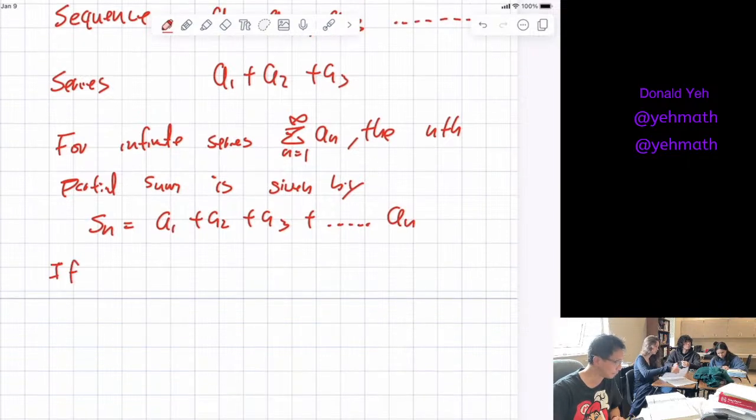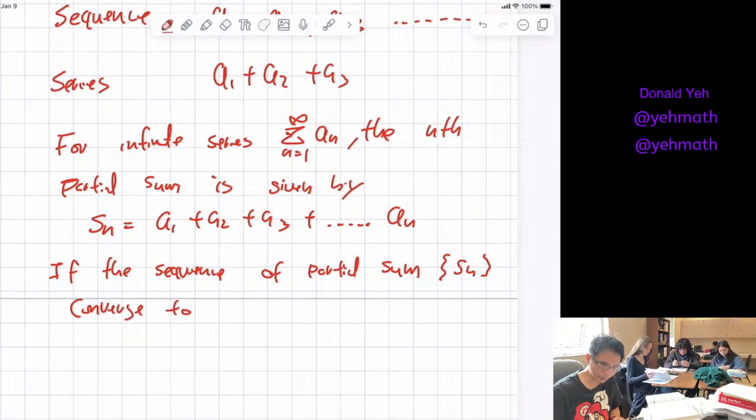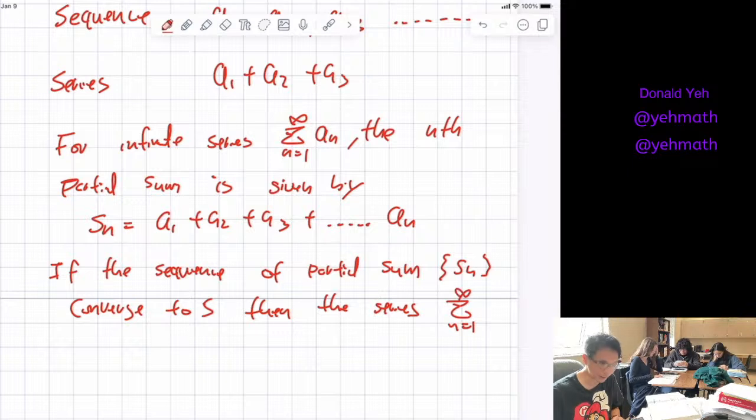And we say if the sequence of partial sums S_n converges to S, so if they converge to some finite number, then the series summation of n equal to 1 to infinity of a_n converges.